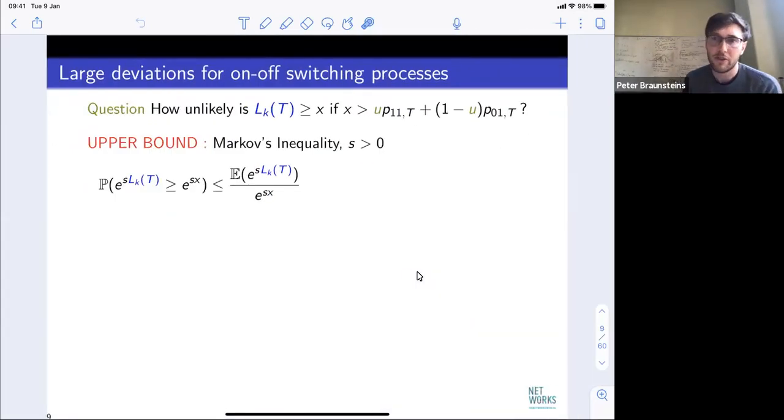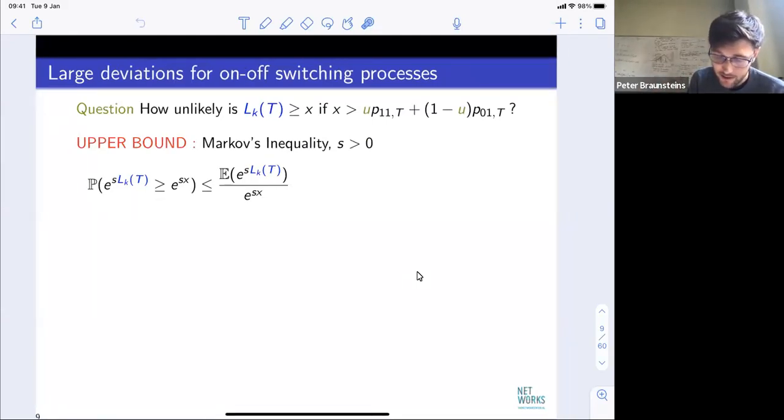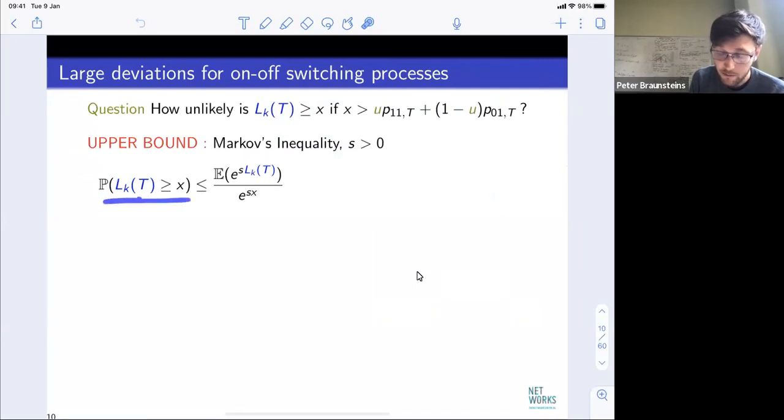But we can try to use Markov's inequality in a different way. We can just use the fact that the function e to the sx, when s is strictly bigger than 0, is a monotone function. And then note that this probability here is exactly the same as the previous probability, using the monotonicity of that function.